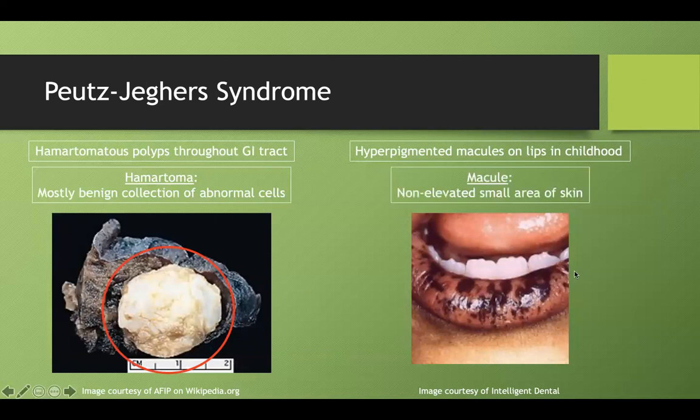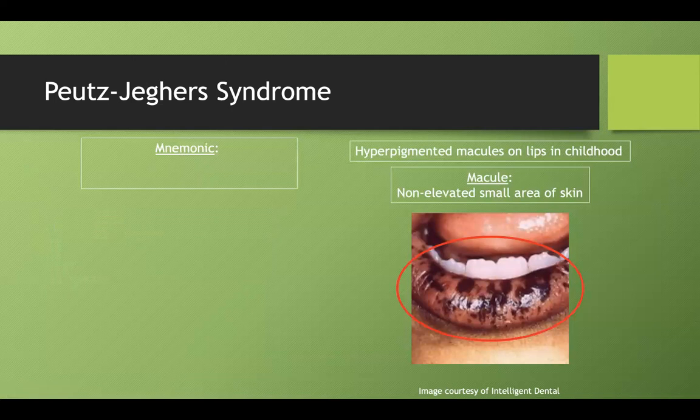But what they like in Peutz-Jeghers, they love this hyperpigmented macule. So hyperpigmented just means dark, and a macule is just a non-elevated small area of skin. So it's not a raised area. It's just these small dark areas on your lips. And how I remember Peutz-Jeghers causing this specifically, I always think about people who have Peutz-Jeghers look like they put Jaeger on their lips.